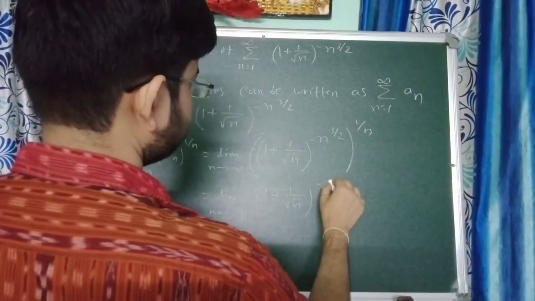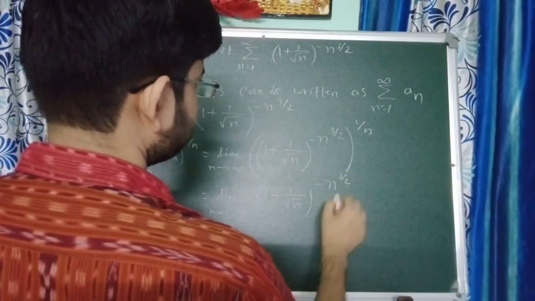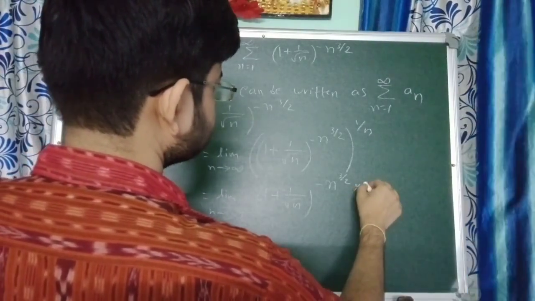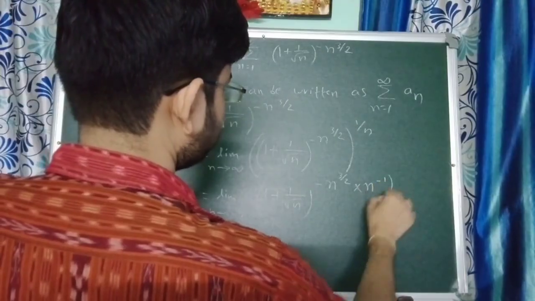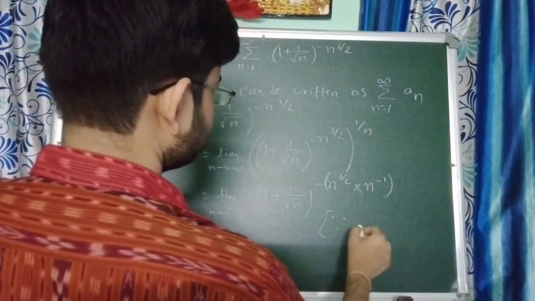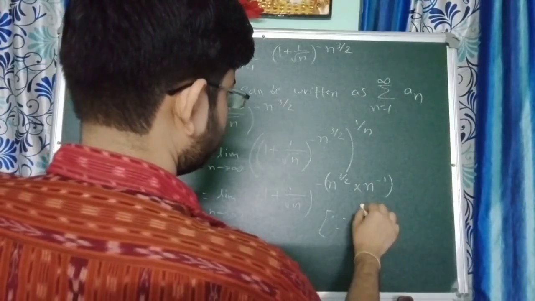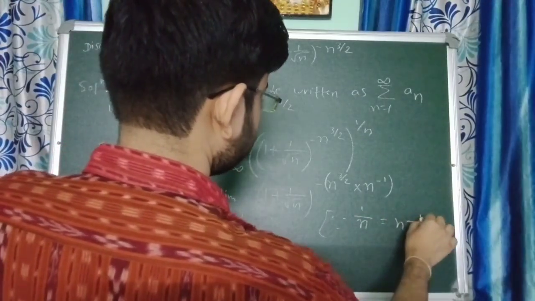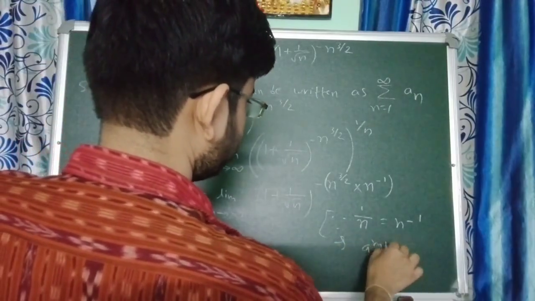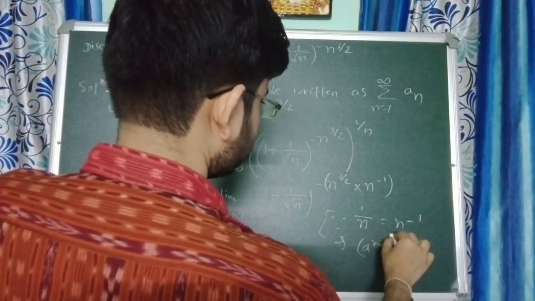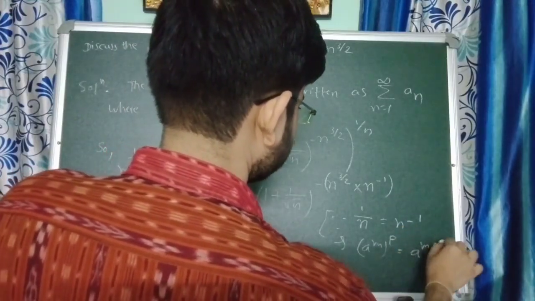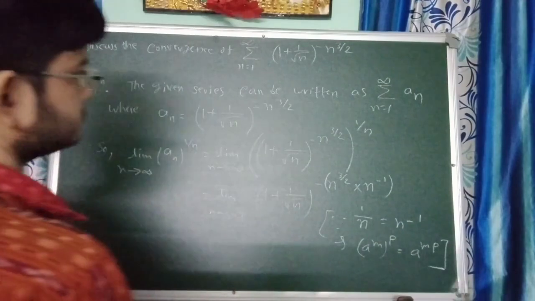This becomes n to the power 3 by 2 into n to the power minus 1. Since 1 by n is n to the power minus 1, and we know (a to the power m) to the power p equals a to the power mp.